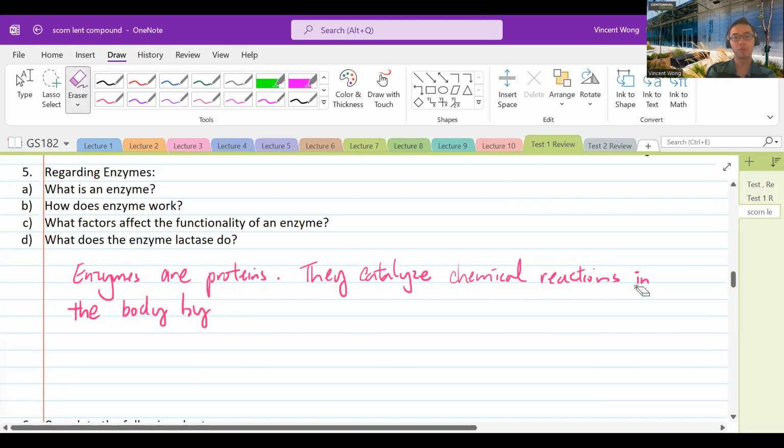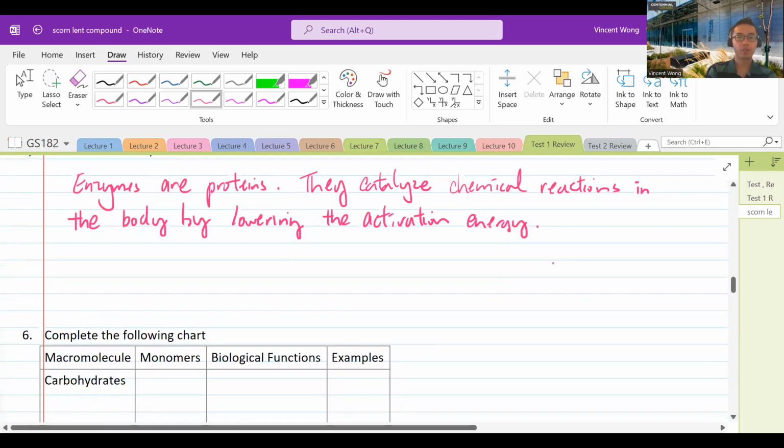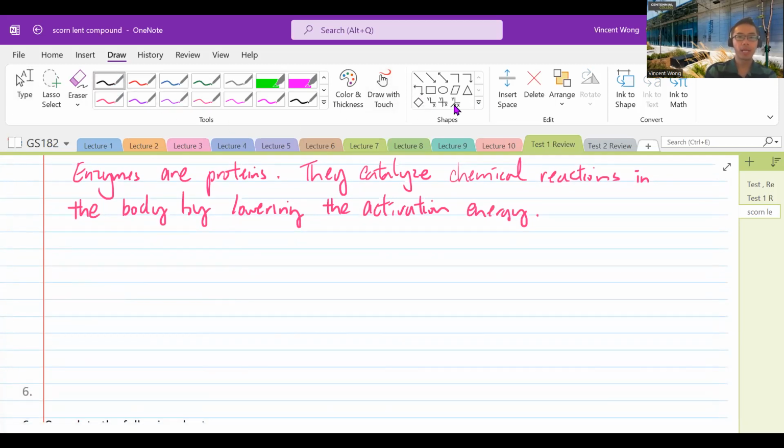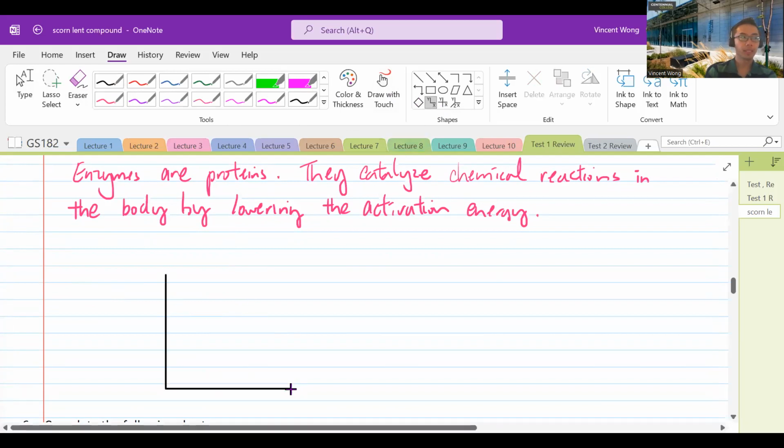Okay, so they catalyze chemical reactions in the body by lowering, and that's what William is saying, the activation energy. So what is activation energy? Let me review that for you. In a chemical reaction, on the y-axis we have energy, and on the x-axis we have time.